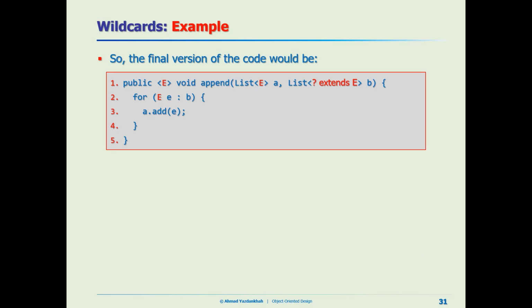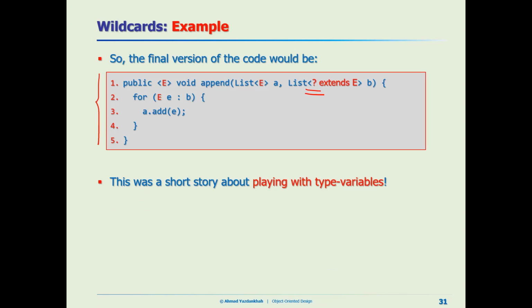So, step by step, I tried to use our knowledge, all of the definitions we have learned, and the polymorphic relationship to prove that we can convert a generic method from two type variables to one type variable by using the wildcard.